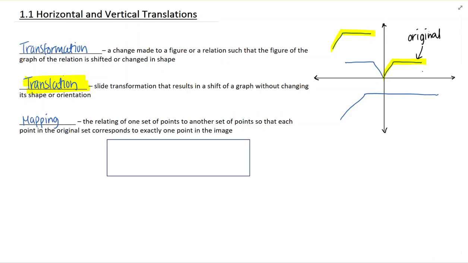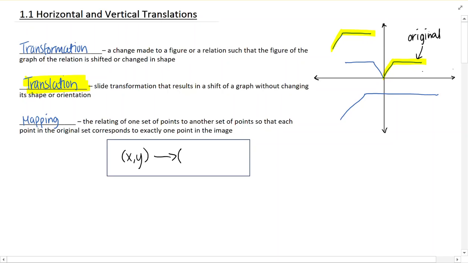So to show the points on a graph, you would have to know the x and y value, or what we call an ordered pair. So this part represents the original right here. And after transformation, the x value will change in some way.